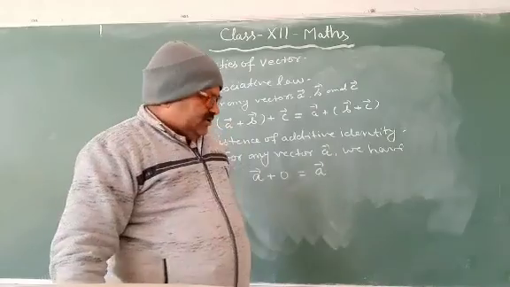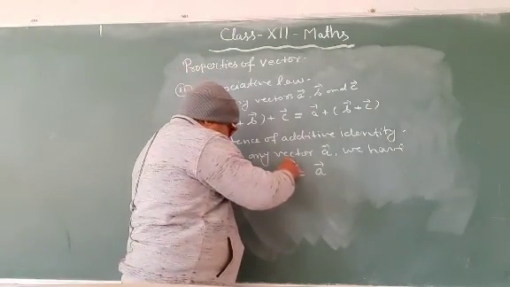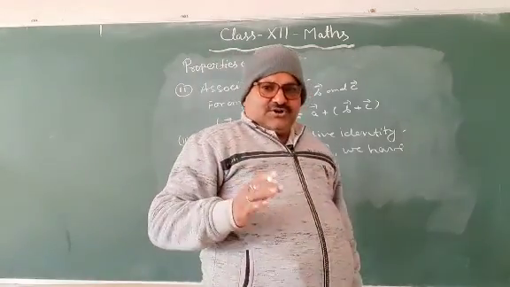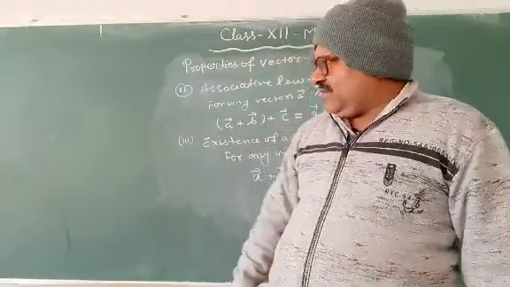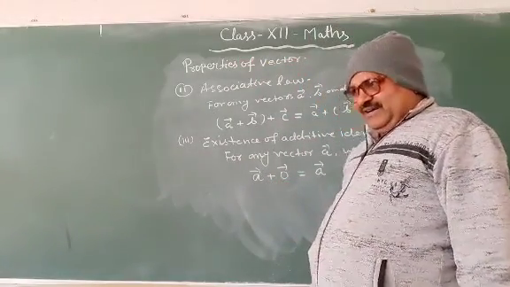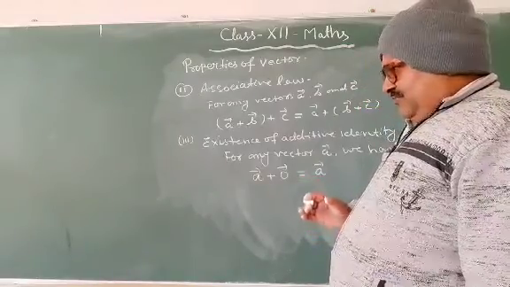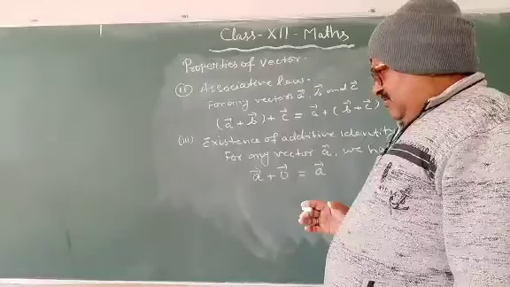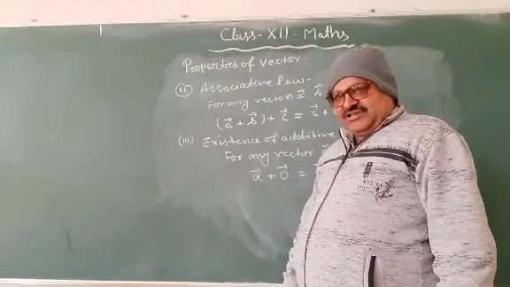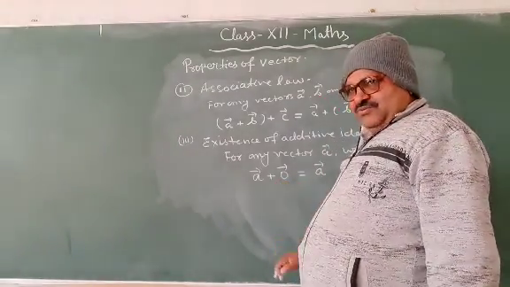Now 0 is a zero vector. The difference between 0 and the zero vector: the zero vector is represented as magnitude 0 with a direction, but 0 is represented as a scalar quantity whose magnitude is 0.